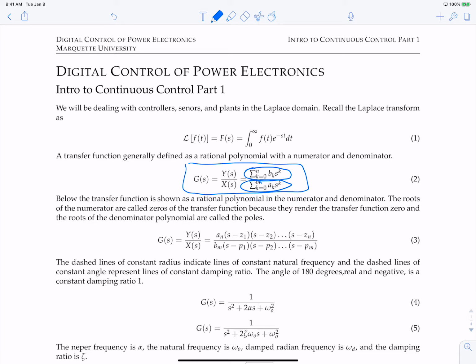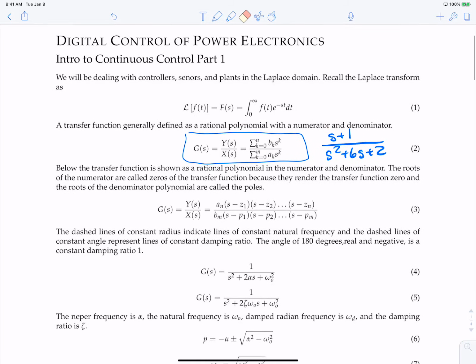Essentially these are just two sums from 0 to n and m respectively, with coefficients b_k and a_k in front. For example, (s + 1)/(s^2 + 6s + 2) has a polynomial on top and bottom, and this would be a transfer function in the frequency domain.